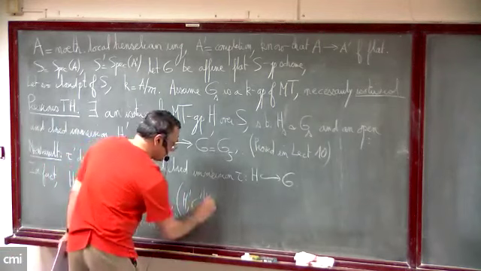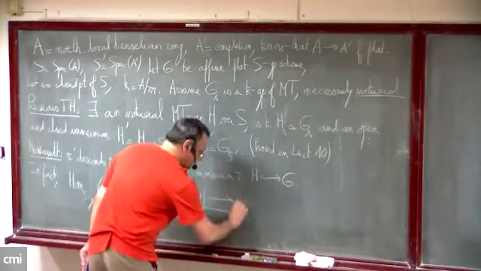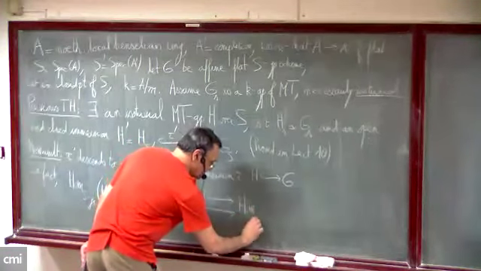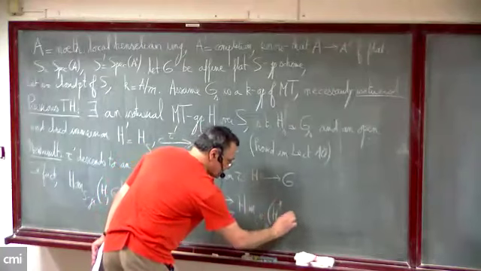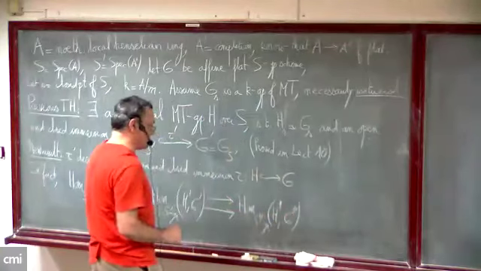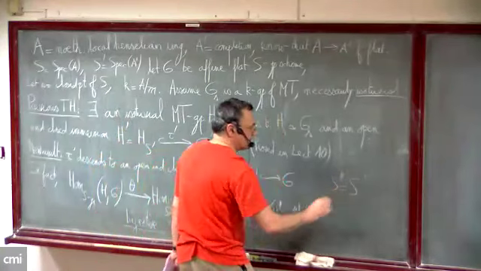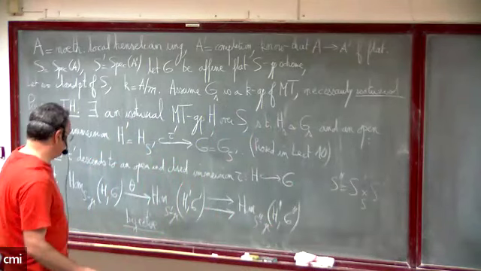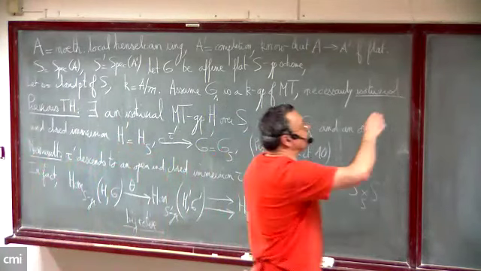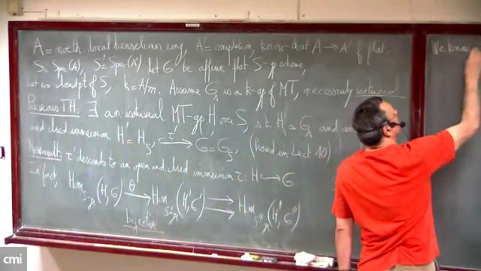And so we have the two usual arrows going from S double prime into H double prime, G double prime, where, as usual, the double prime is this. And we know that theta is injective.